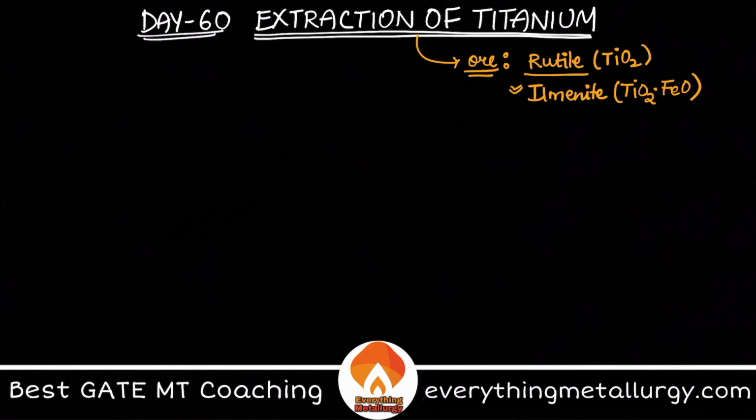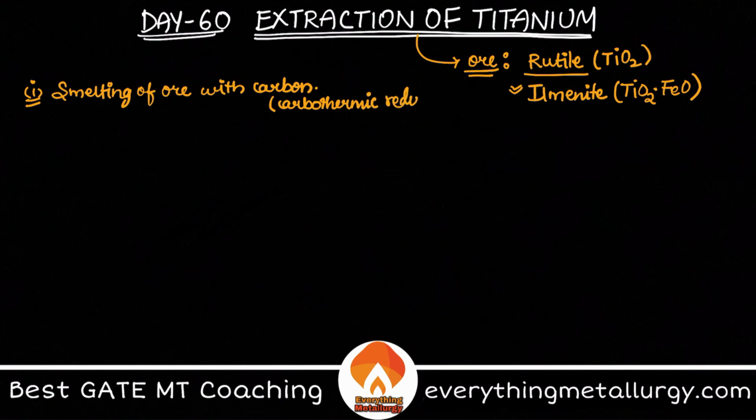Now let's see what are the different methods or steps of treating this ilmenite, which is my main ore for extracting titanium metal. The first step involved is smelting of the ore with carbon. That means this is a carbothermic reduction, where you are using carbon as your reducing agent.